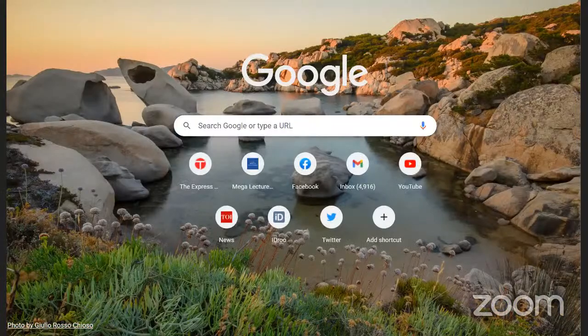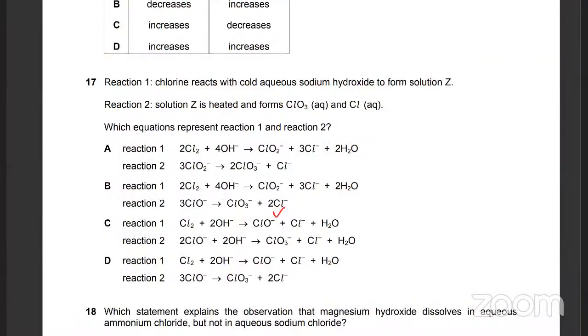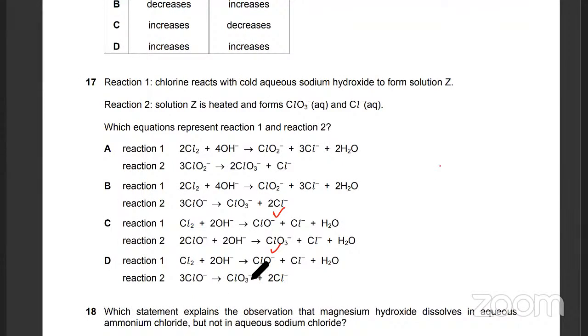This one forms a ClO-, right? So it's either option C or D. What's the next one? When you heat it, it's forming ClO3-. Reaction number 2 in both cases.